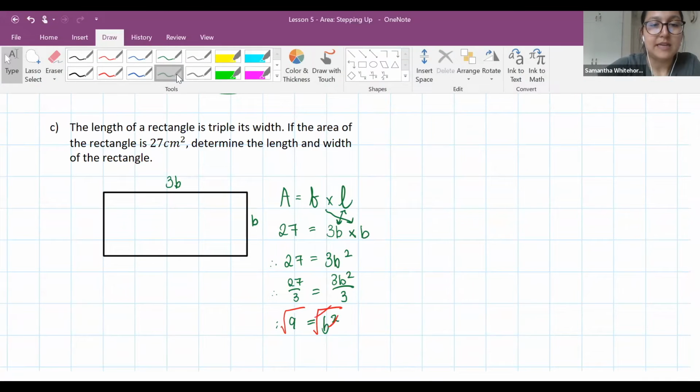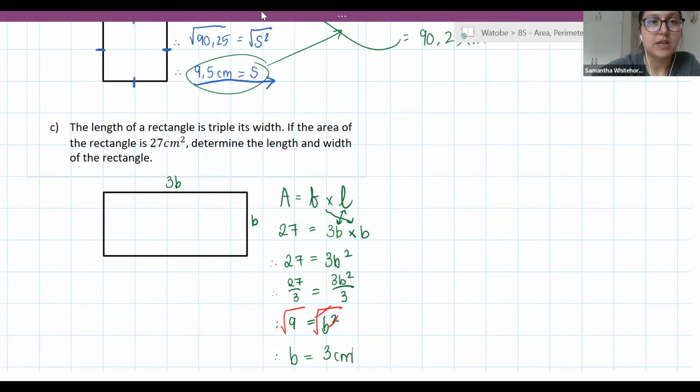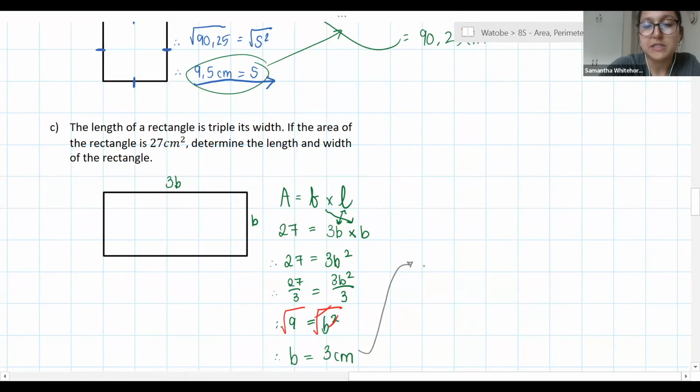And so that then means that the breadth of this rectangle is equal to 3 centimeters. And then going back to what Emmanuel was talking about, if I know that the length is triple this, I will just take that value and times it by 3 in order to triple it. And so the length of this rectangle is 9 centimeters.